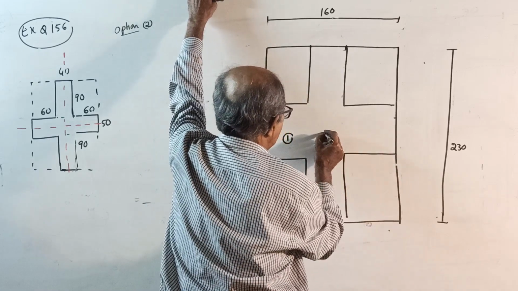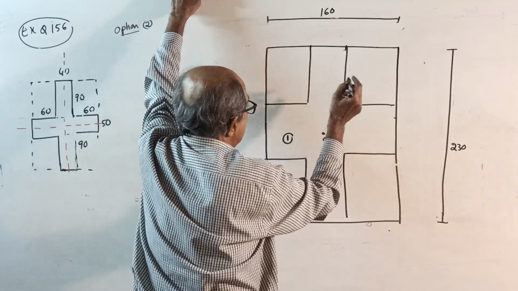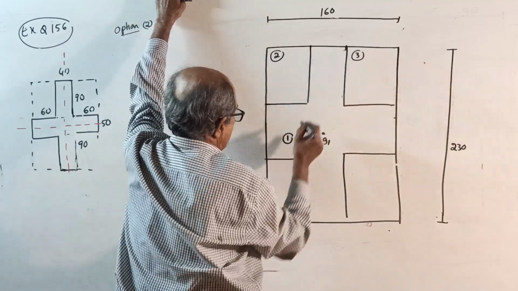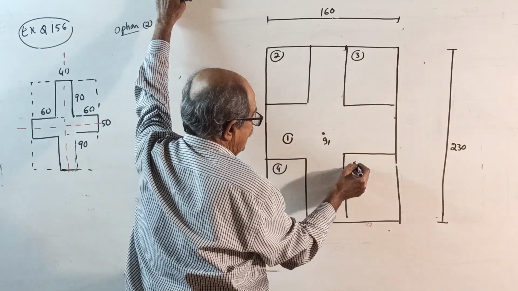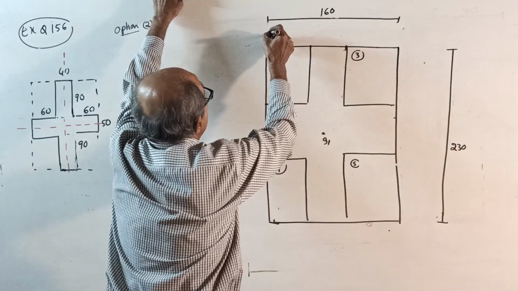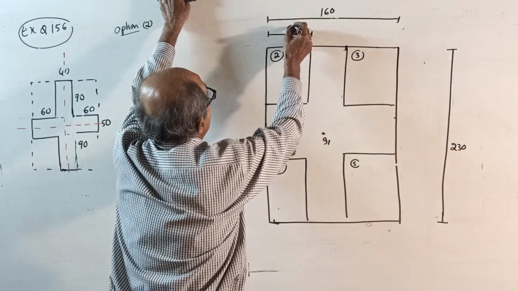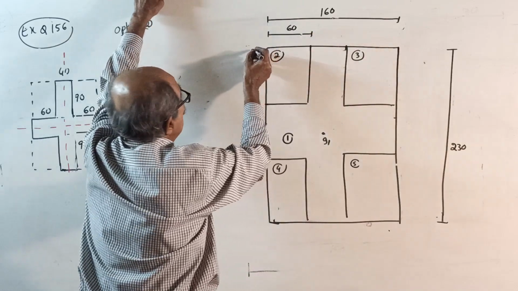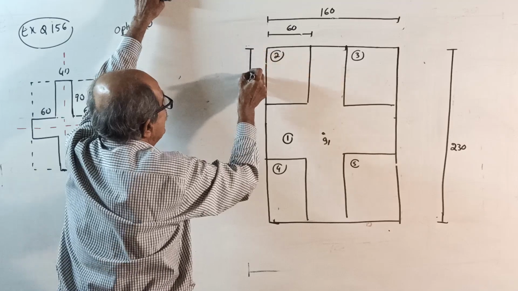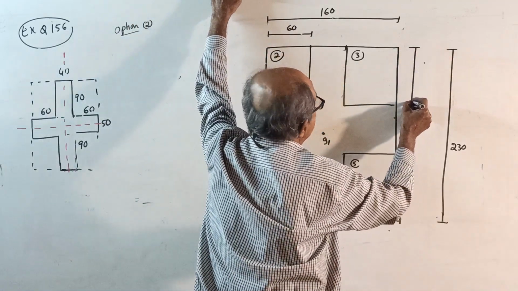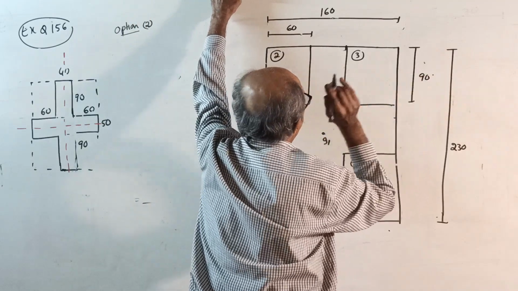Now G1 will come here. This is 1. This I will take 2, this 3, this 4, this 5. Don't worry. Write the dimension: this is 60. And mark the depth for any one of them; for both, it is 90.